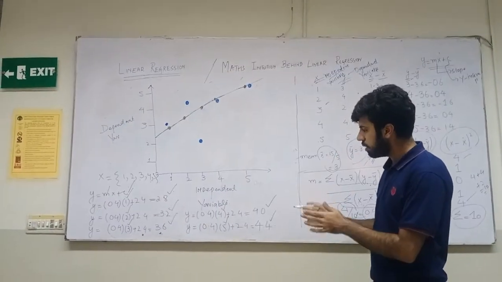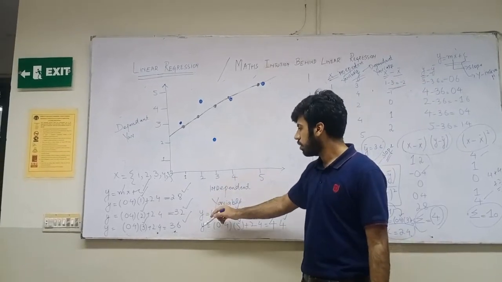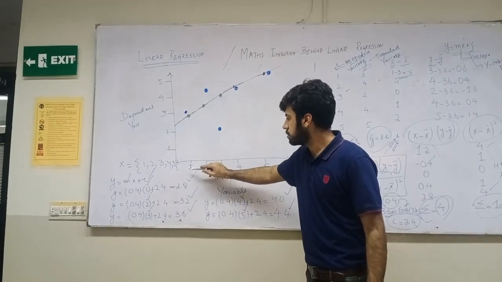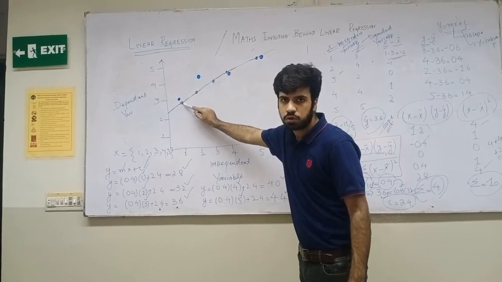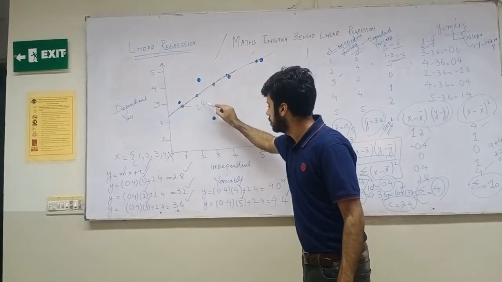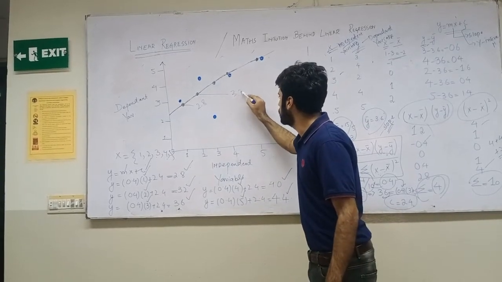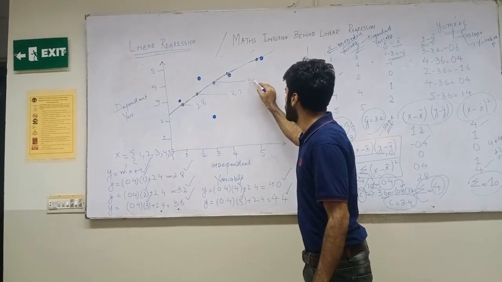Now to plot the best fit line using this equation, at x equal to 1, my value of y is 2.8. At x equal to 2, my value of y is 3.2. At x equal to 3, my value of y is 3.6.